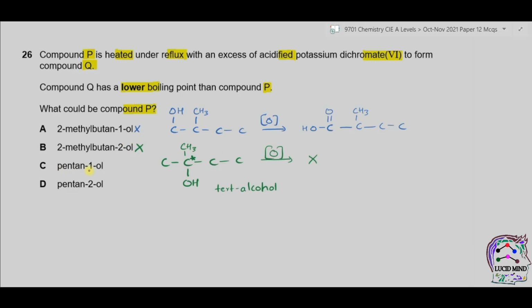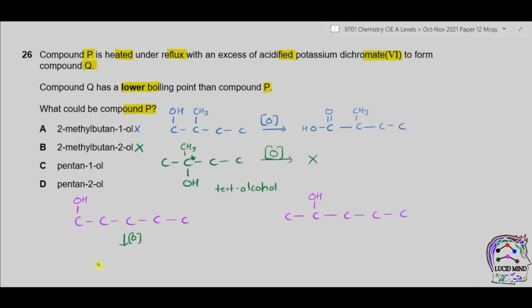Part C is pentan-1-ol and part D is pentan-2-ol. So 1-ol means it is a primary alcohol. For 2-ol it means it is a secondary alcohol. Now again, as in the first case, this one is oxidized into a carboxylic acid.